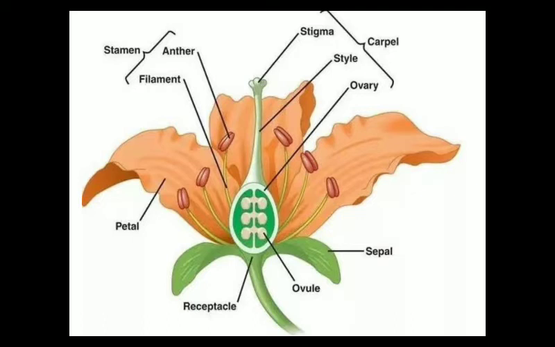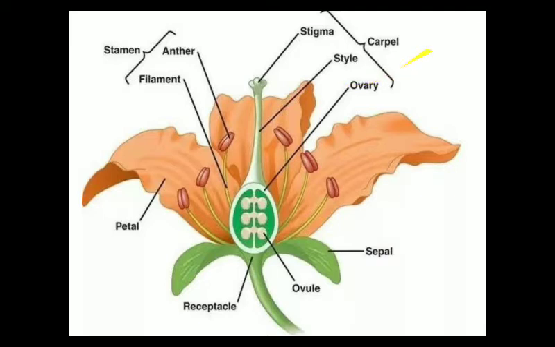All the sepals of a flower are collectively known as calyx. All the petals of a flower are collectively known as corolla. All the stamens of a flower are collectively known as androecium, and all the carpels of a flower are collectively known as gynoecium.